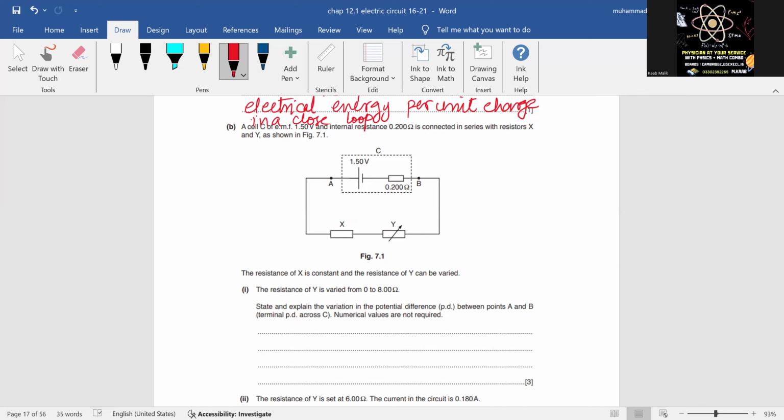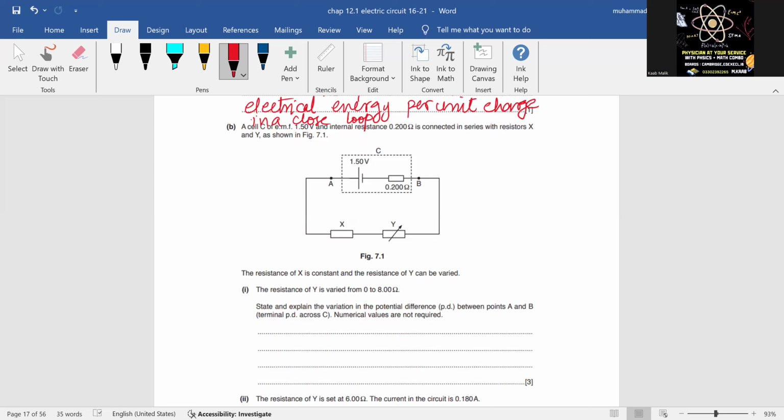State and explain the variation in the potential difference between points A and B. Okay, so the resistance of Y varies from 0 to 8.